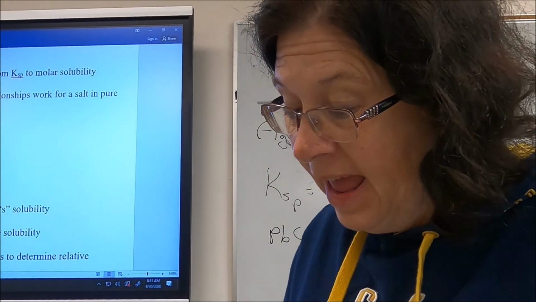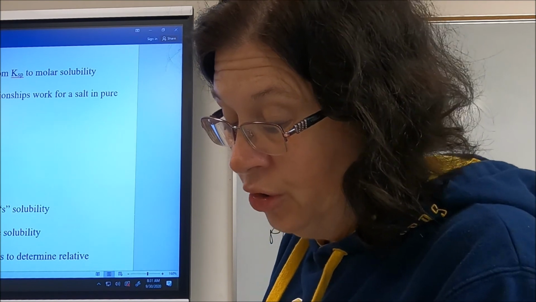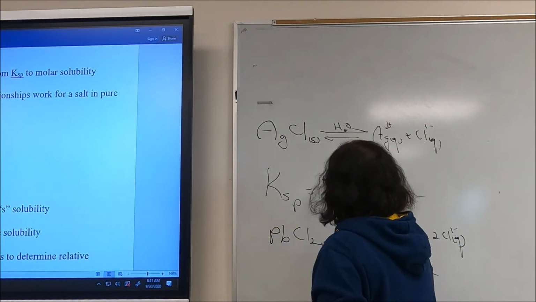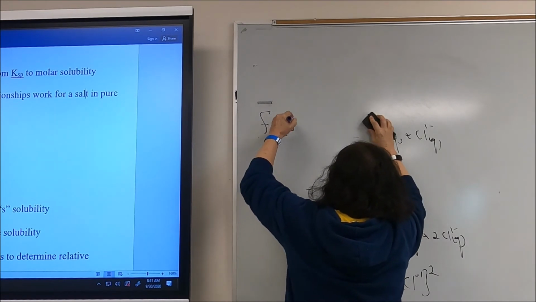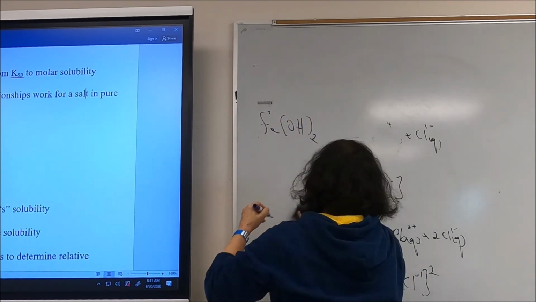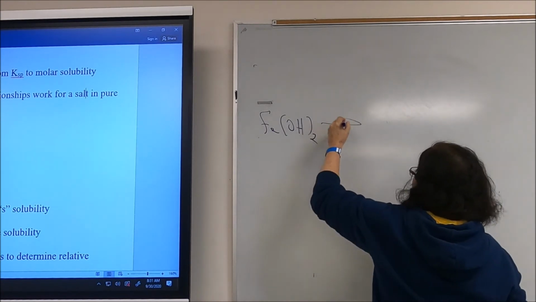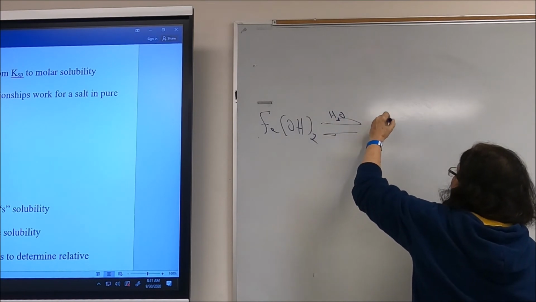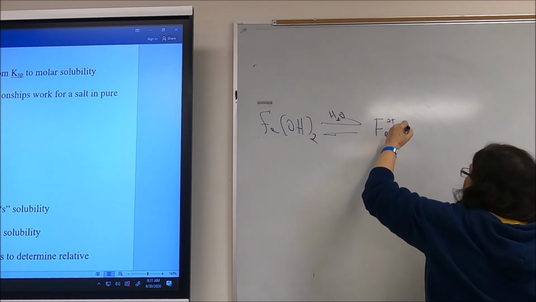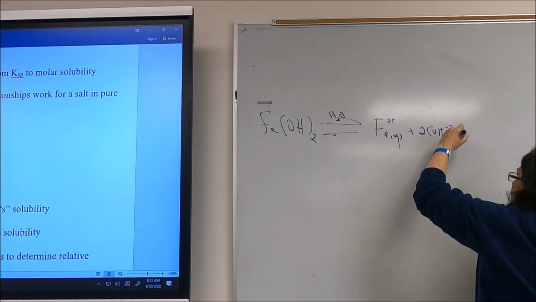Problem 17.8 says calculate the molar solubility for iron 2 hydroxide. So we're given the salt Fe(OH) taken twice. Now, if I write out the reaction, I get Fe2 plus ions aqueous and 2 hydroxide ions aqueous.